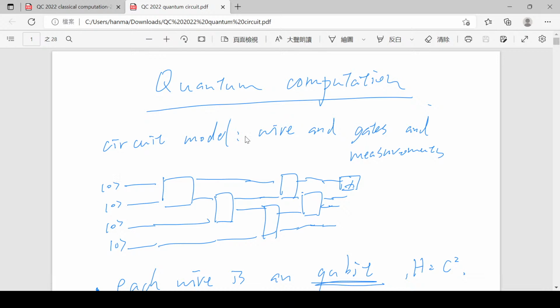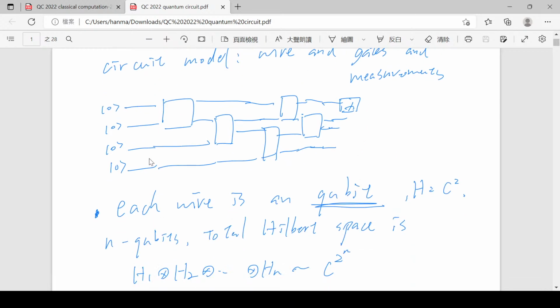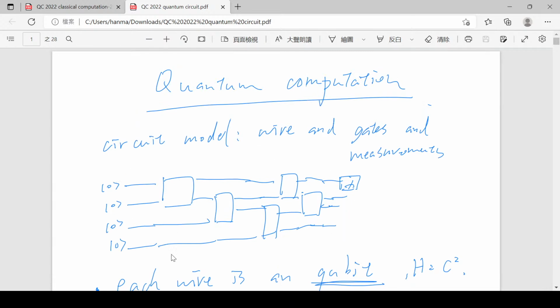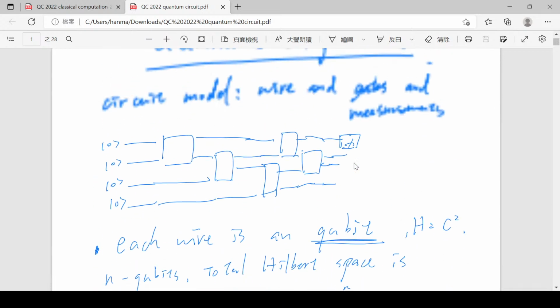This is also why we talked a lot about the classical circuit model, because we think quantum computation is done in the circuit model where you have wires, gates, and also measurement. So it's really like classical computation where you have wires and gates, but it's quantum. If you want to get the classical information out, we only need to do the measurement.